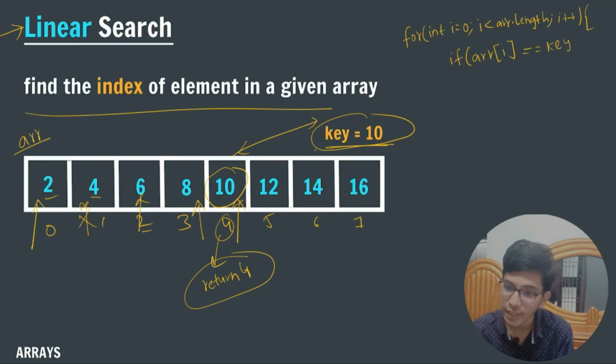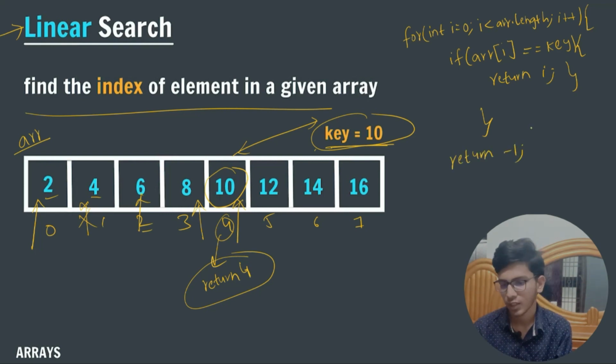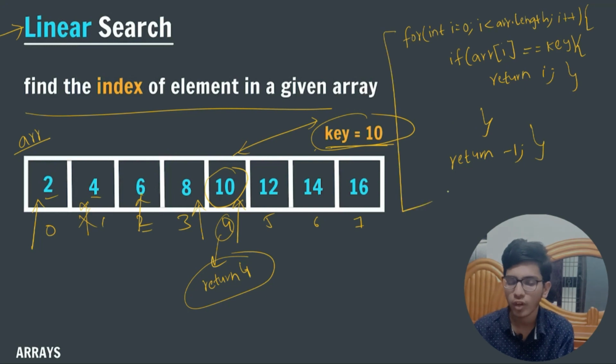If it is equal to key, then return its index, else continue. If I didn't find the element in my array, then return -1. So this is the pseudocode for matching the key with our element and returning the index of the particular element which got matched.